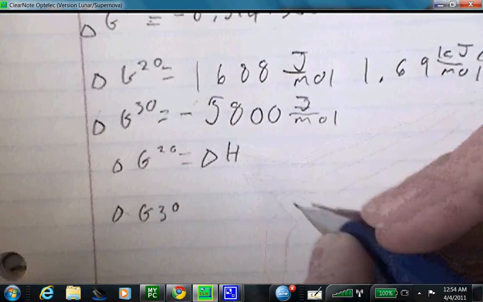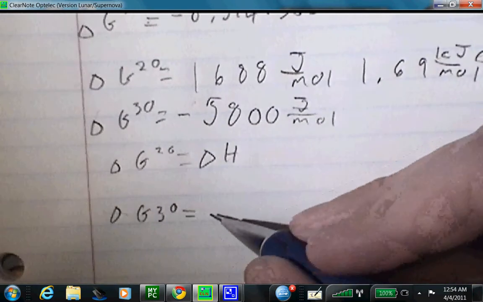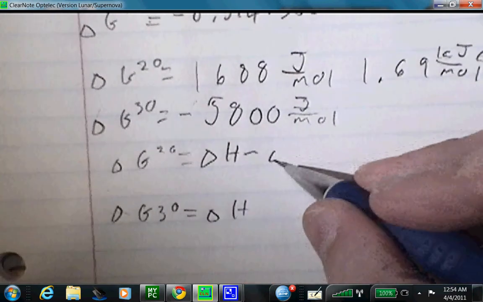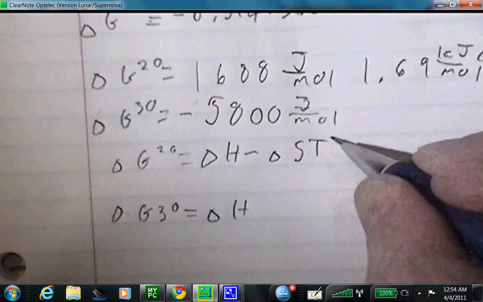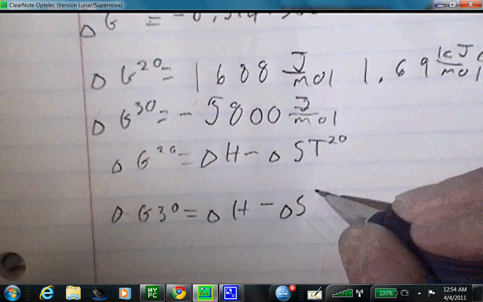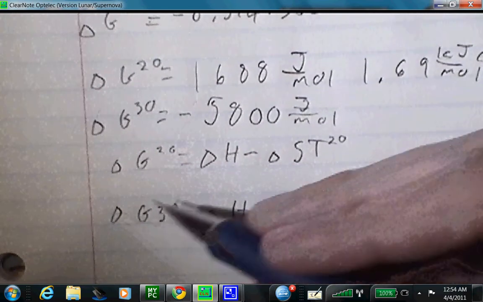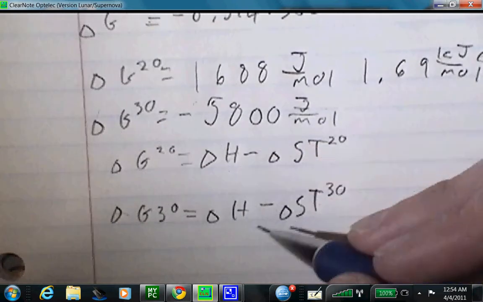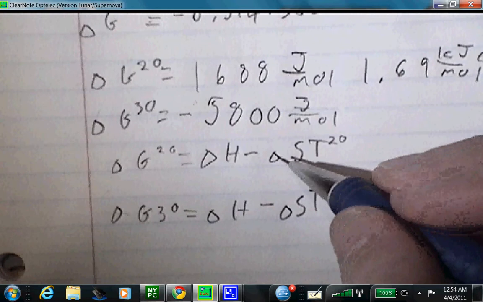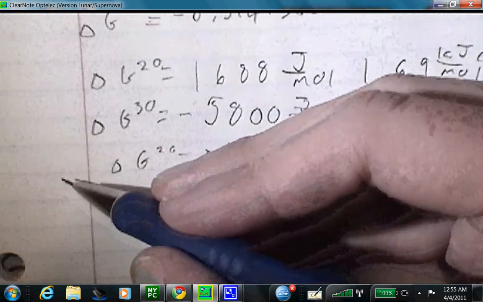Delta H is going to be normal because it's independent of temperature, so we can treat it just like an X in any algebraic equation. Negative delta S times T20 minus delta S times T30. As we can see, these two are equations. Because we have consistent variables, we can combine them.